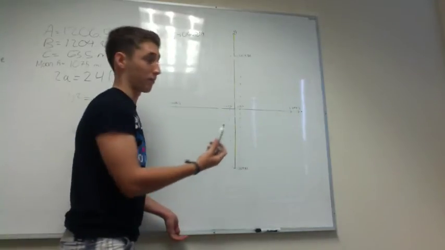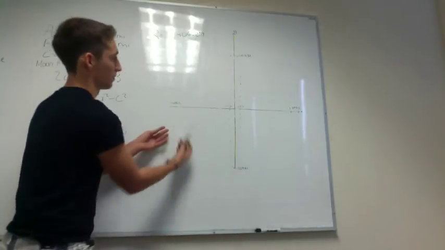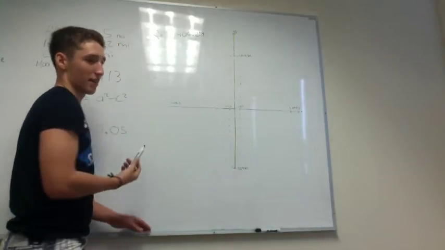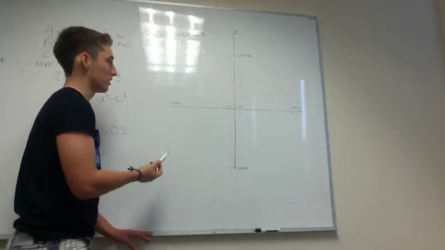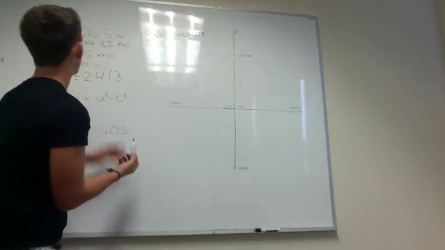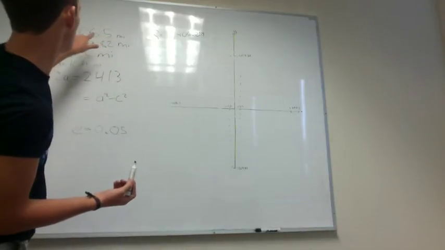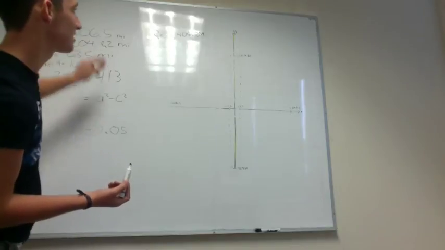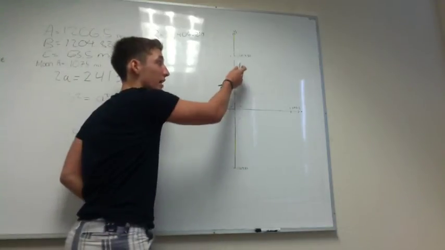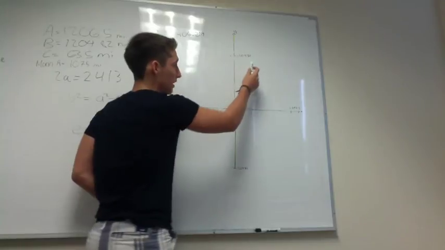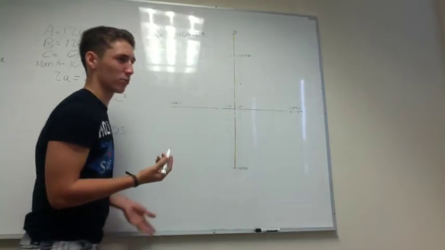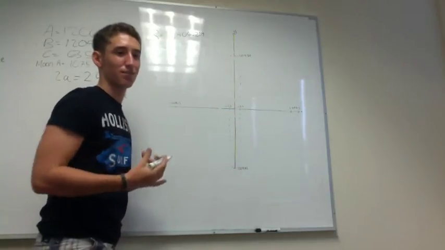That will be one of the vertices, and the other will be at the opposite sign, minus 1,206.5. And then b, which is almost the same as a but less, will be at 1,204.82. That means it will give us almost a circle, but not a circle.